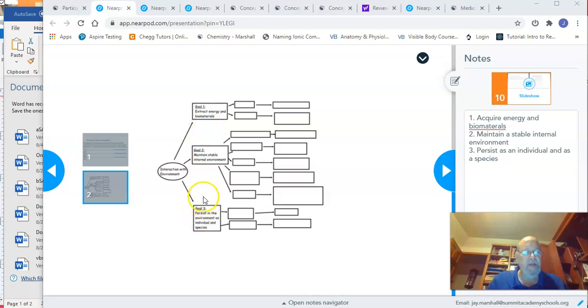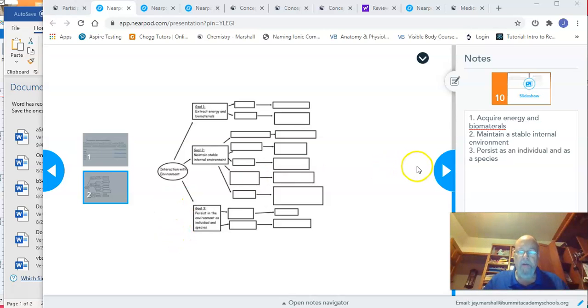What are the goals of me interacting with my environment? And we've said that my three main goals are to extract energy and biomaterials, maintain a stable internal environment, and persist in the environment as an individual and as a species. If I can do that, my interaction with the environment will be completely successful.